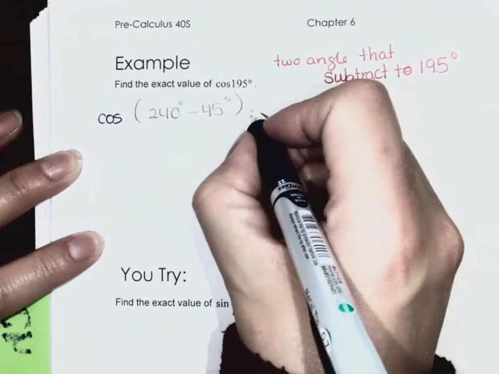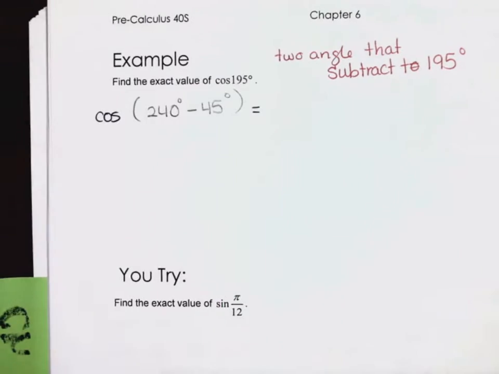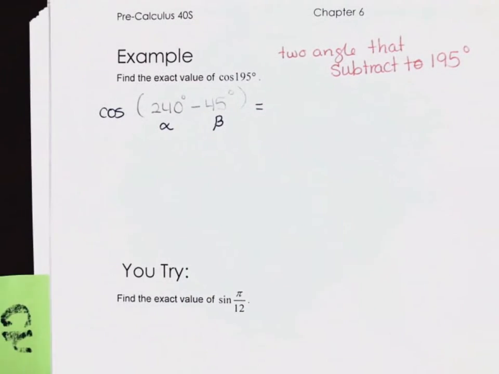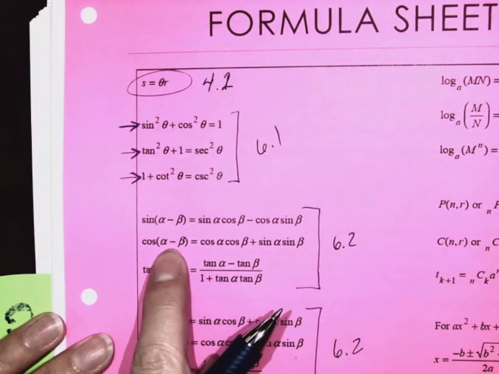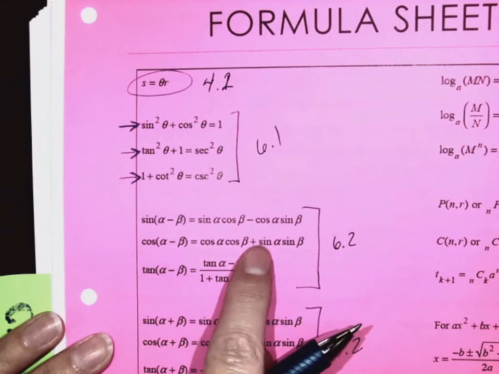Now that we flipped the page, this is why I wanted you to keep your formula sheet close to you. I'm going to label this again. This one's alpha, this one's beta. We are going to use a difference formula, but we're going to use the cosine one. So cos cos plus sine sine.